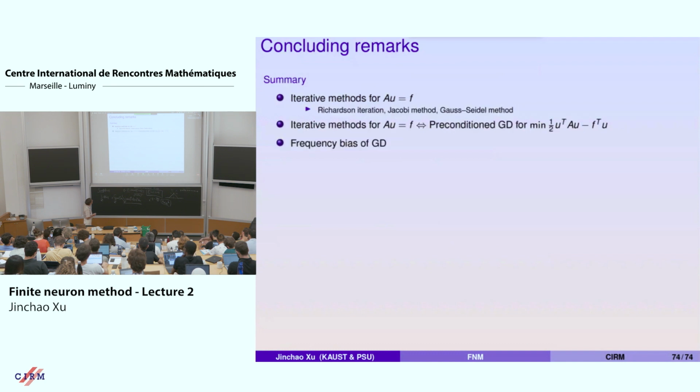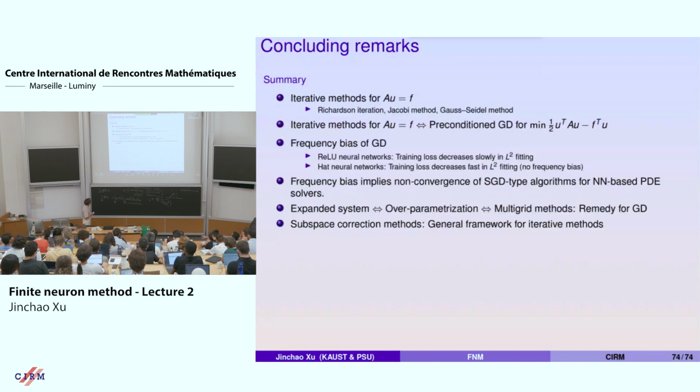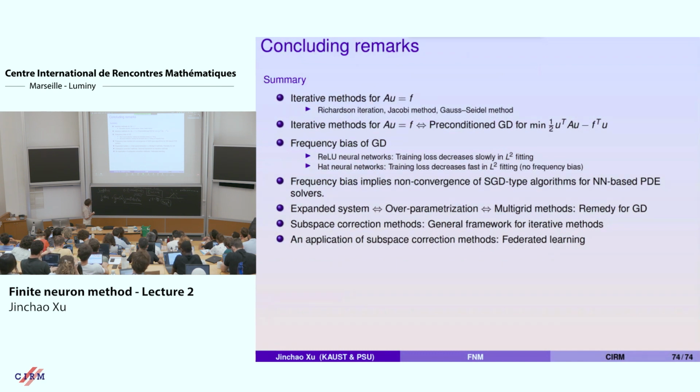I just summarize that in this lecture, I covered iterative methods, the frequency principle, then over-parameterization, and in the end, I touched upon the subject of federated learning, which can be equivalent or related to our domain decomposition.